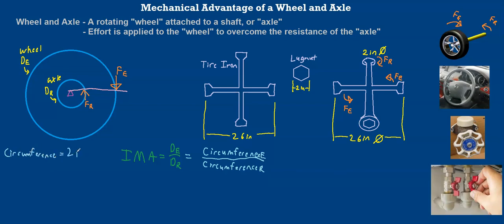And remember, the formula for circumference is 2 pi r. Or another way to write it is diameter times pi, since 2 times your radius is your diameter, where this circle with a line through it is your diameter.